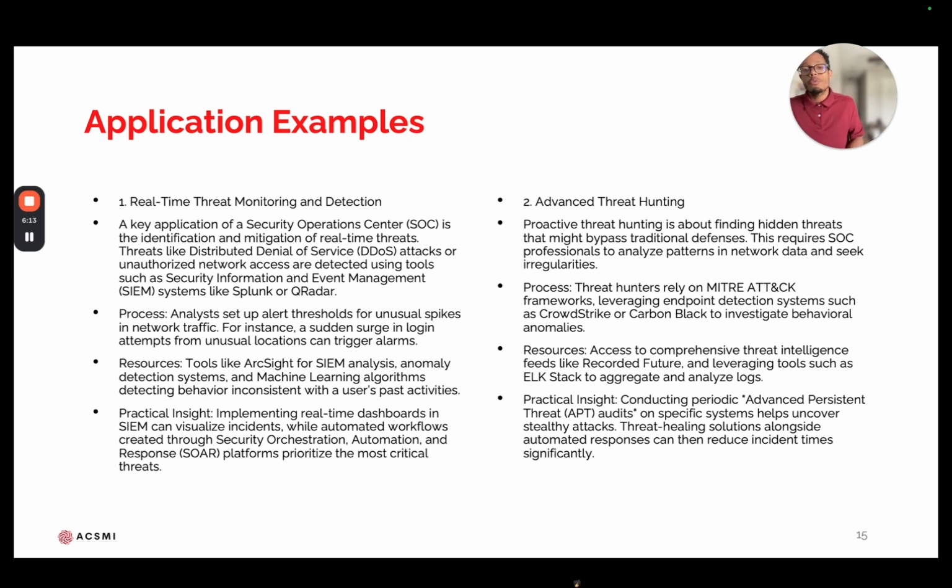When we do proactive threat hunting, we're relying on the MITRE ATT&CK framework, like we talked about before. It goes from reconnaissance to weaponization. And we're using different resources like ELK Stack, or Elasticsearch, the threat intel, and all these different metrics and KPIs to give us a better chance at being proactive in stopping these cyber threats and cyber attacks.